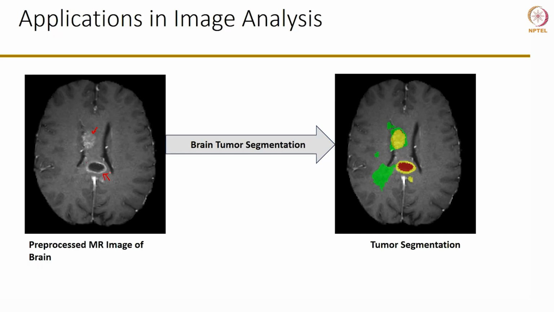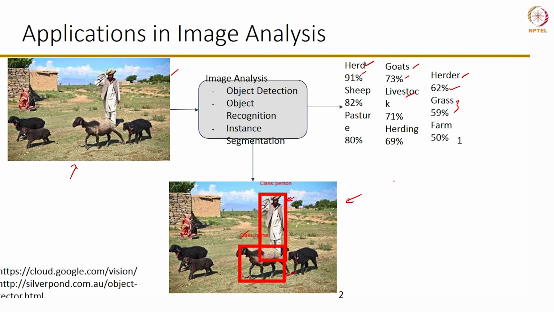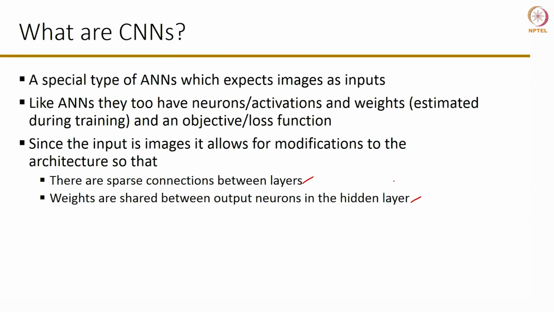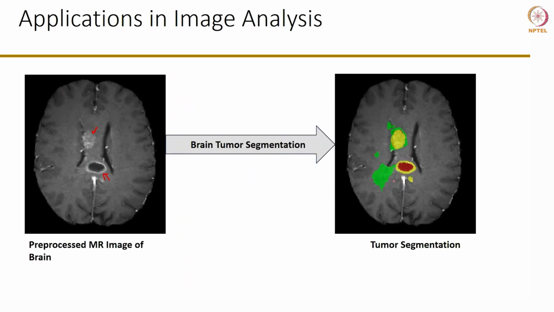What you see on the right is the pixel labeling done by a CNN, where it correctly, or fairly correctly, identifies regions that appear abnormal. The various color schemes here correspond to different types of classes within the abnormality itself.